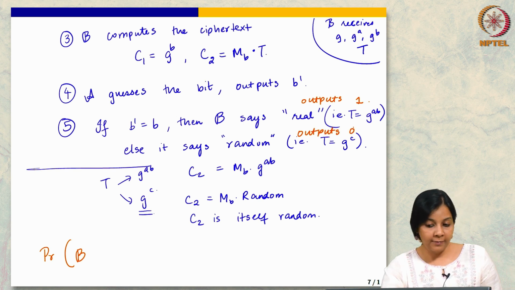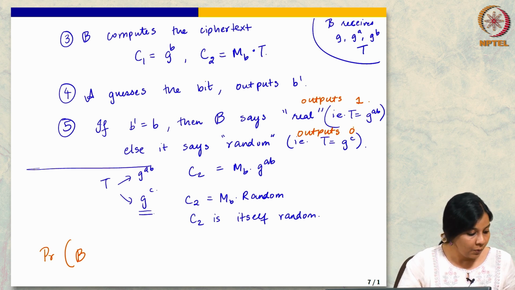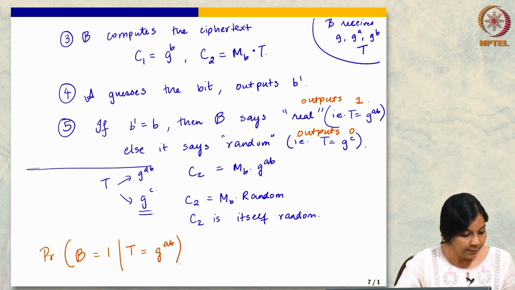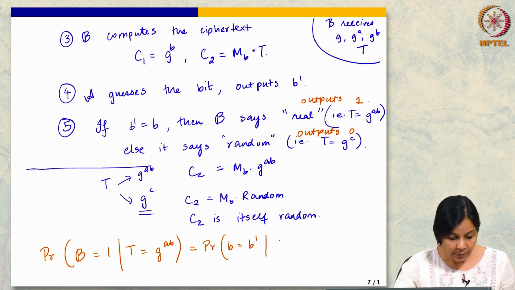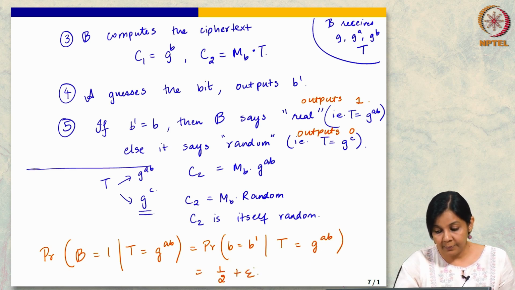So, for real we will say that B outputs 1. Okay. So, let us look at the probability that B outputs 1 when T is equal to G to the AB. Okay. So, this is the probability that b is equal to b prime given that T is equal to G to the AB. In this case, this probability is half plus epsilon.